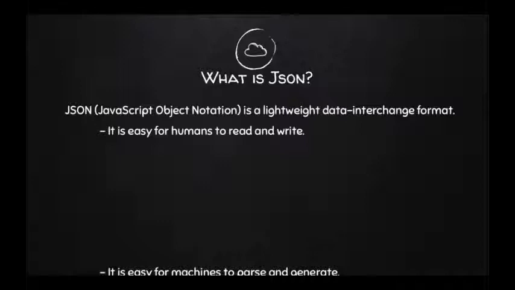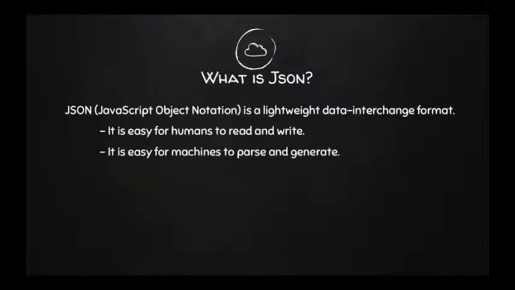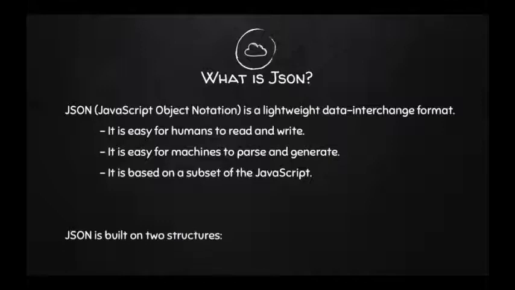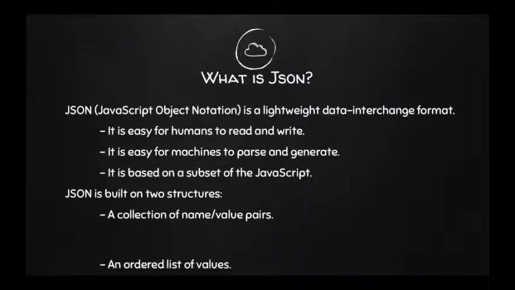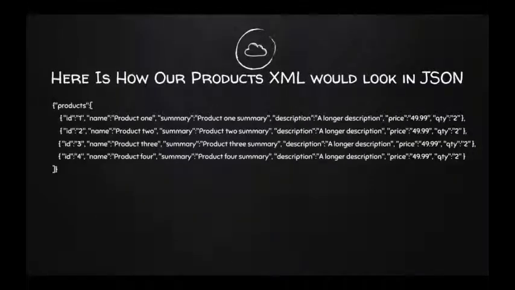It's easy for humans to read and write, easy for machines to parse and generate. It's based on a subset of JavaScript, so it's very easily compatible with web pages and web. And it's typically built with two structures in mind. One being a collection of name value pairs, and the other just being an ordered list of values.